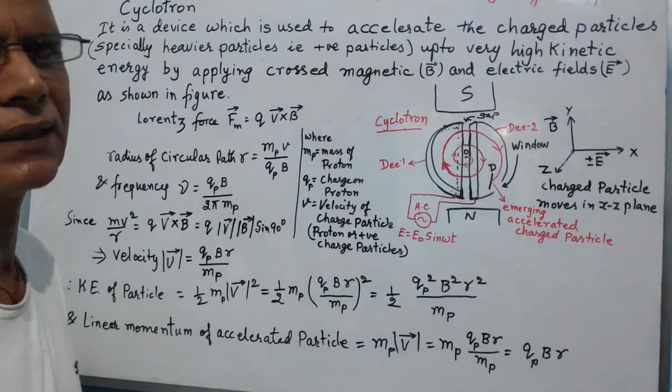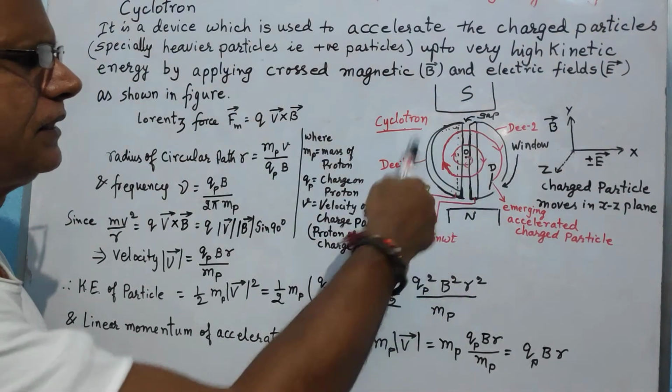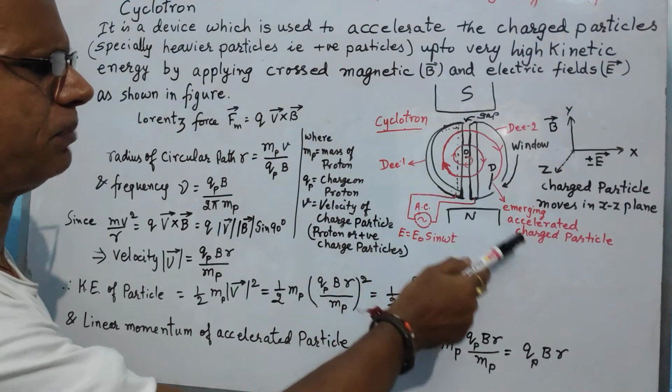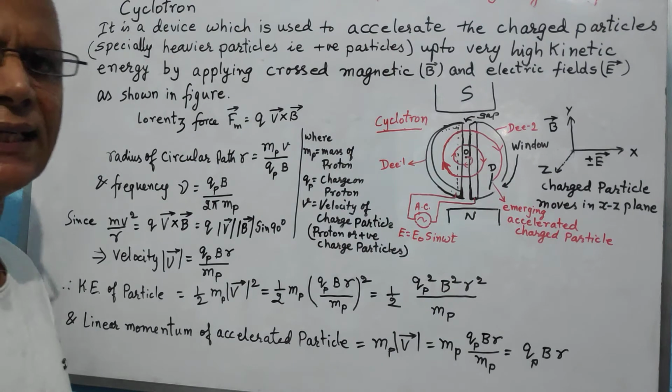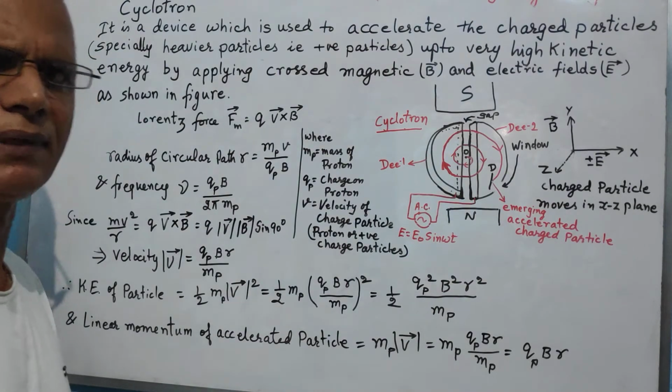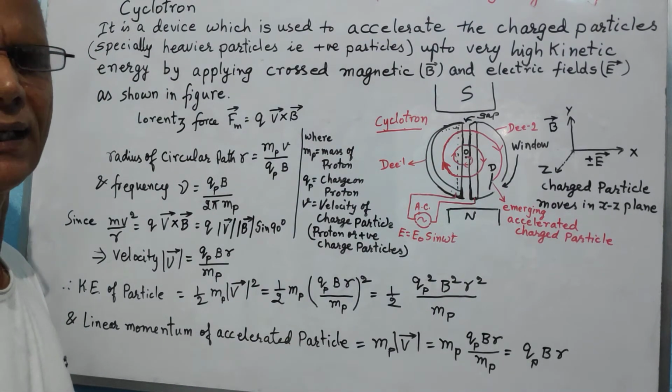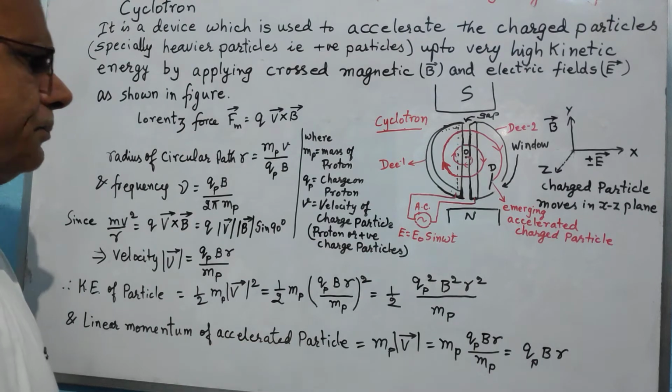We have a cut in the D surface, so the accelerated charged particle emerges out. Now once we get the accelerated charged particle, we can apply it for so many applications we shall be talking about right now.